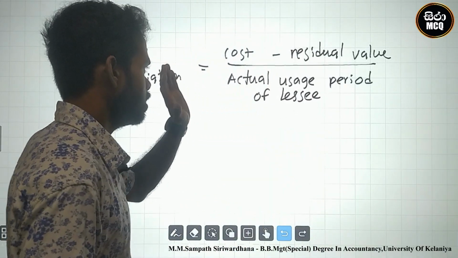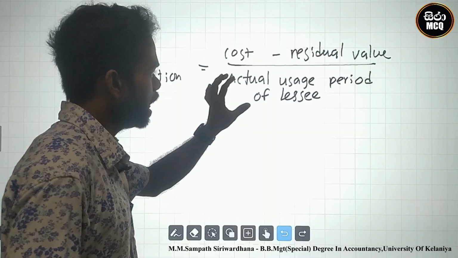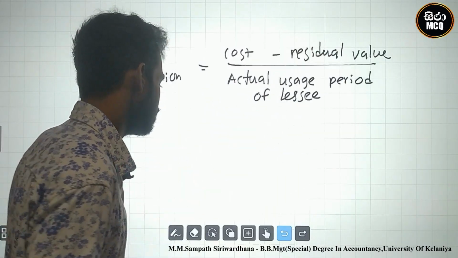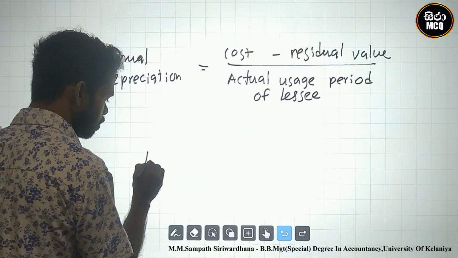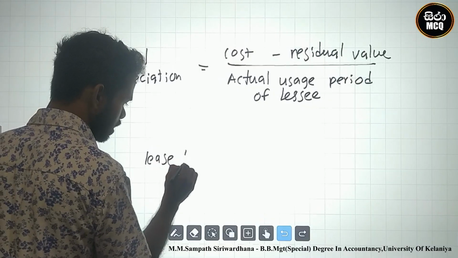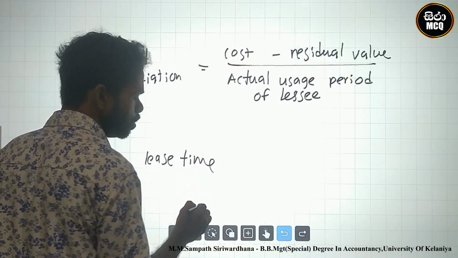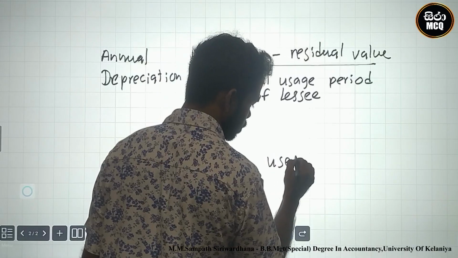Look here, at that time there is the actual usage period of the lessee. At that time there are two options, lease term or lease time, or useful lifetime.